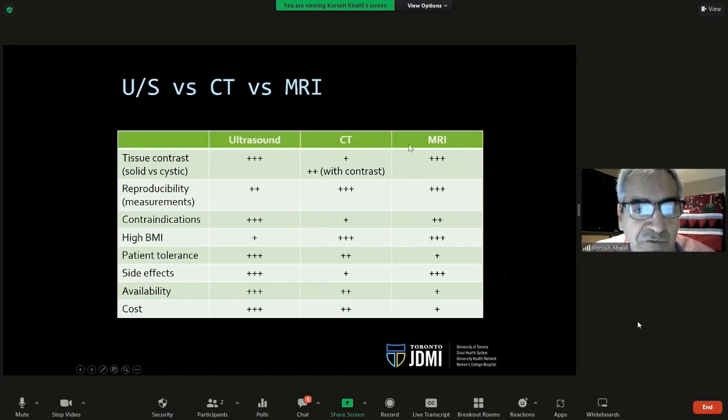So we just showed CT and MR, and CT doesn't have a lot of good tissue contrast, and so we need to inject intravenous dye. But that iodinated dye that we inject can potentially affect the kidneys and their kidney function. And so that's one of the downsides with CT.